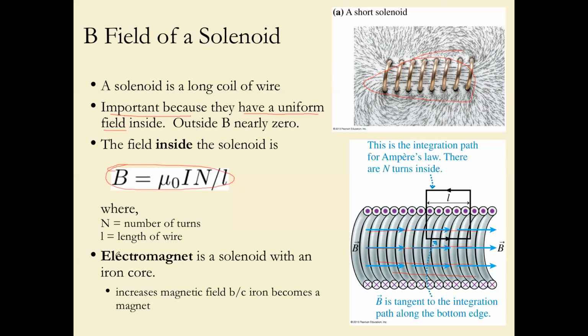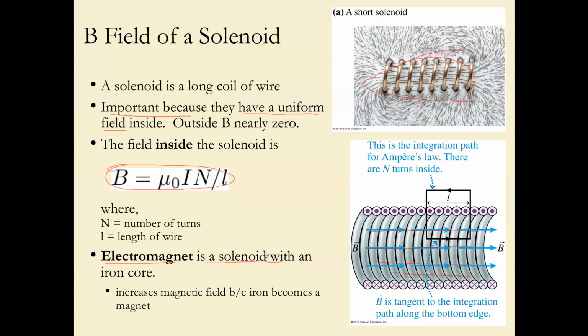And here, the electromagnet is another application for magnetic field. It is a solenoid with an iron core. We can also say that it is a type of magnet in which the magnetic field is produced by an electric current. The magnetic field disappears when the current is turned off.